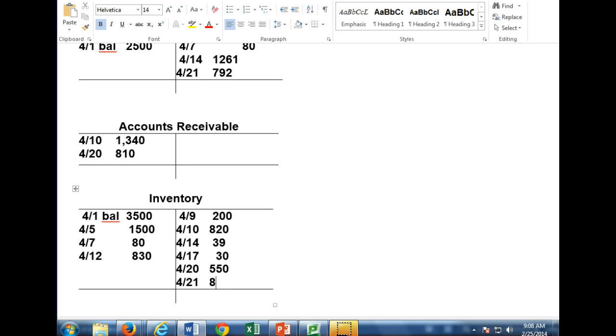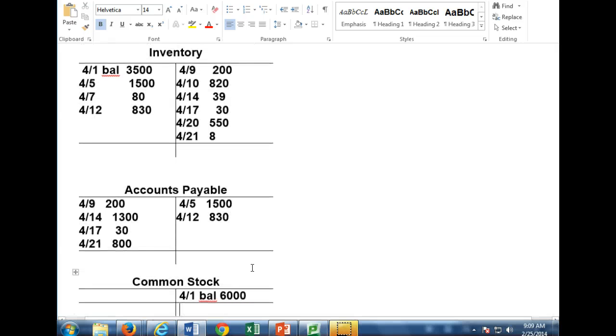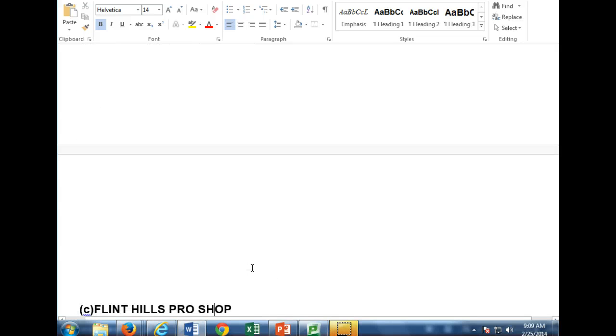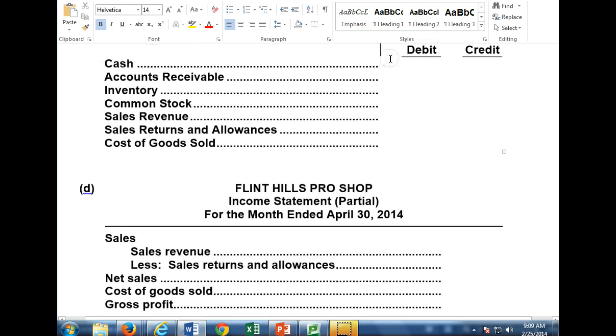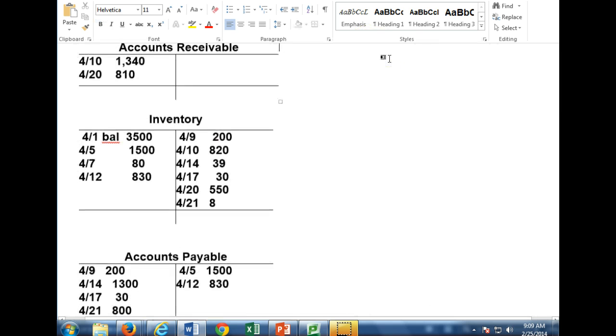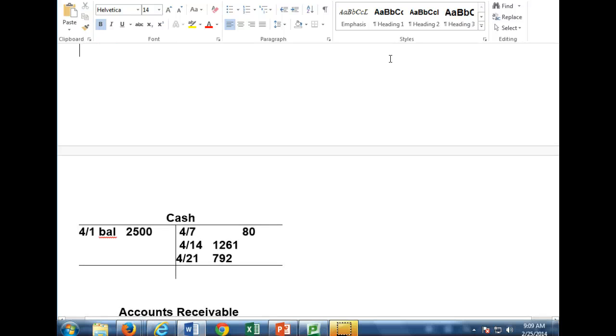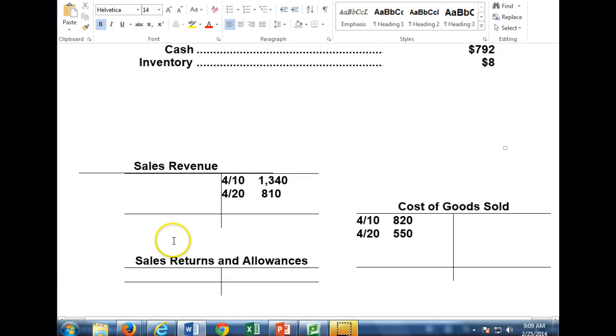And what are those? Sales, returns, and allowances of how much? Sales, returns, and allowances, 80 on the 27th. Okay. And that's a debit? And then what's the other part?